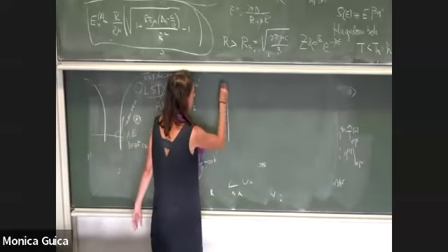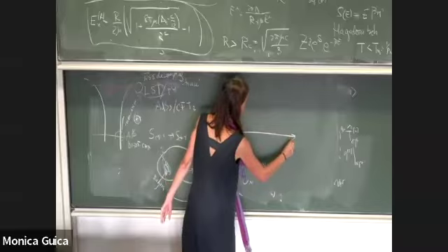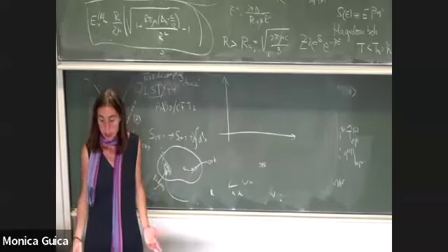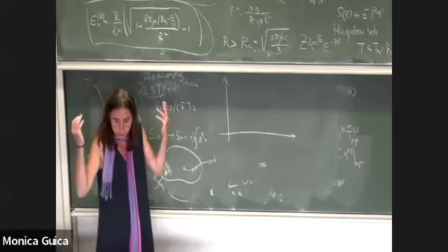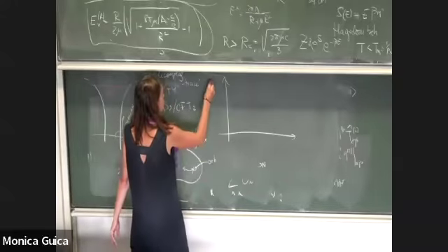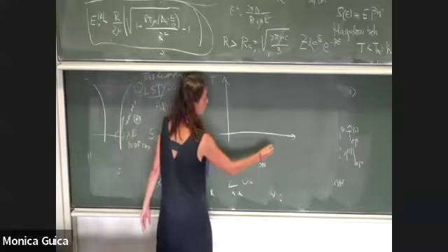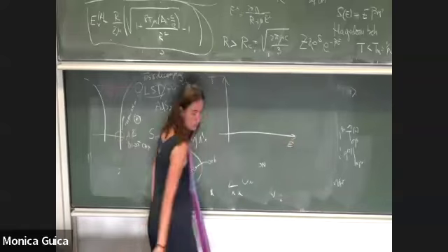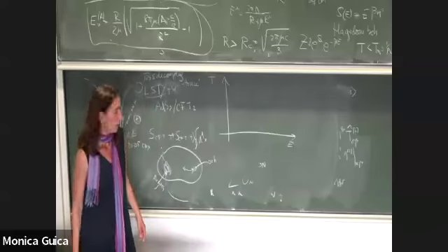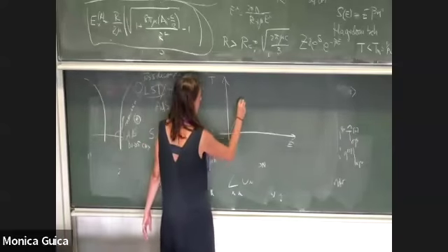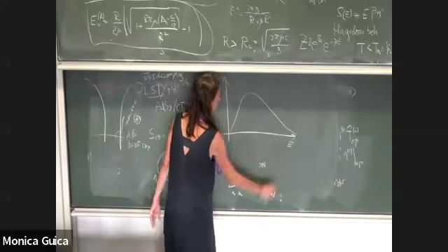One nice thing that you can do is to plot, for this asymptotically flat charged black hole, the D1-D5 has some charge, the relationship between the temperature and the energy. And the plot that you find is something like this.